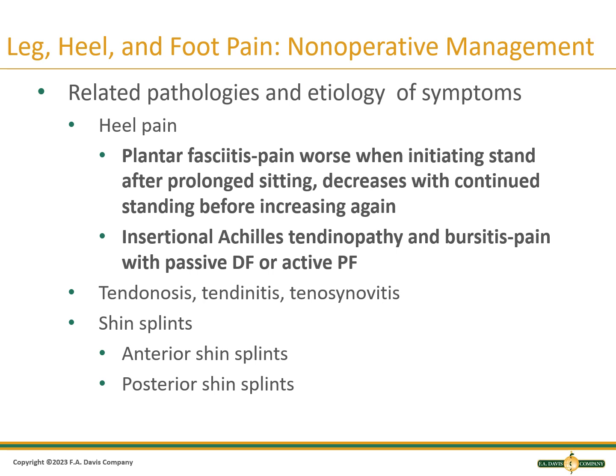And shin splints can occur anterior or posterior. These are a result of microtraumas, typically due to inaccurate or insufficient strength in the musculature and insufficient range of motion for required mechanics, typically running being the associated functional mobility activity.